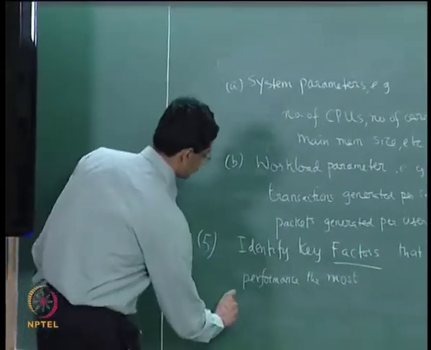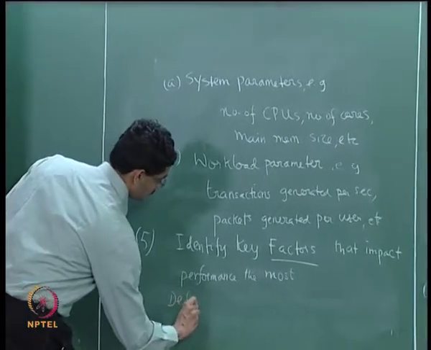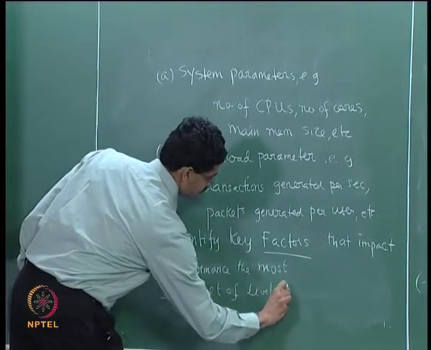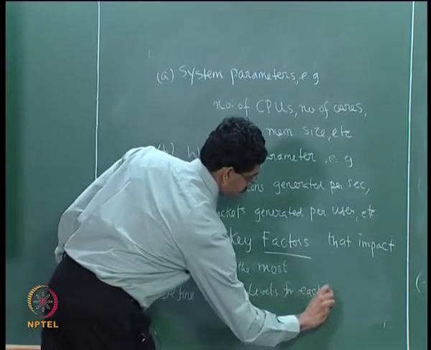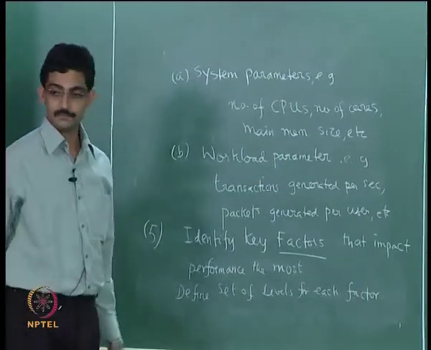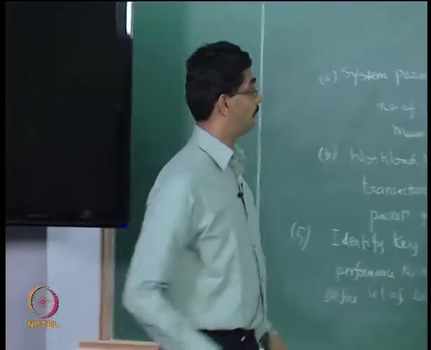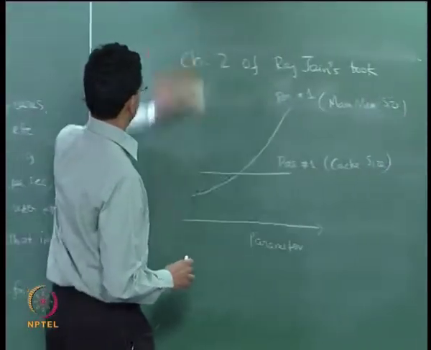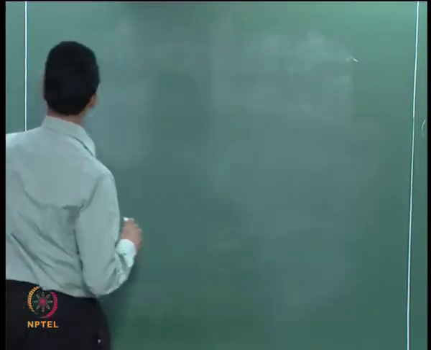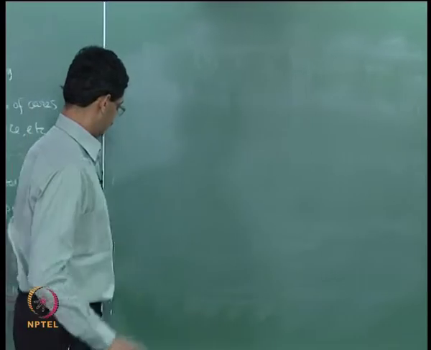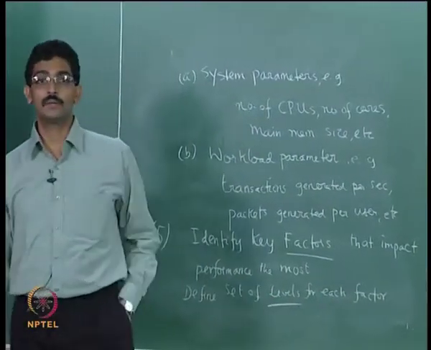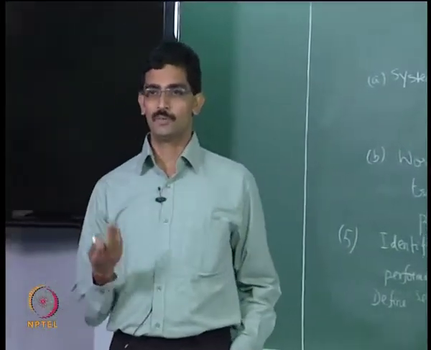So then you define the set of levels for each factor. Level simply means the number of possible values that you want to try out.